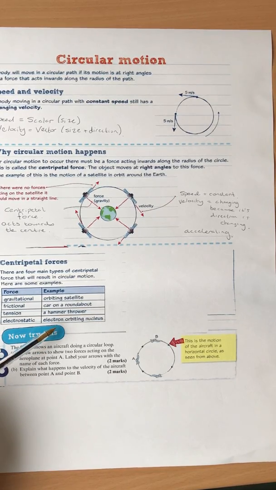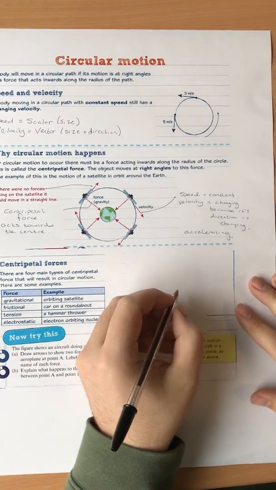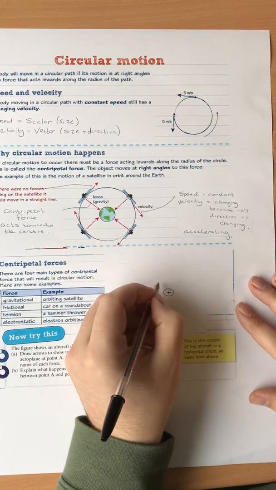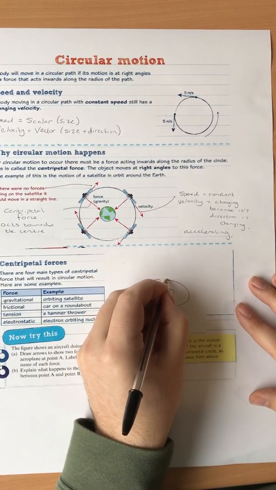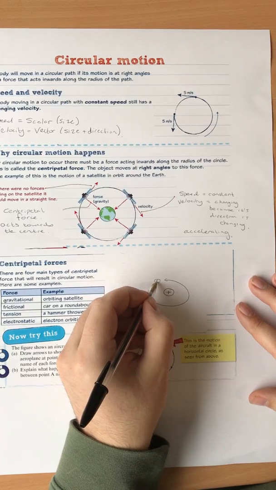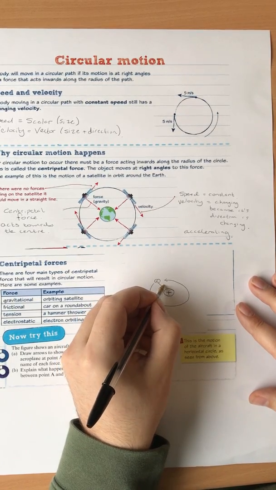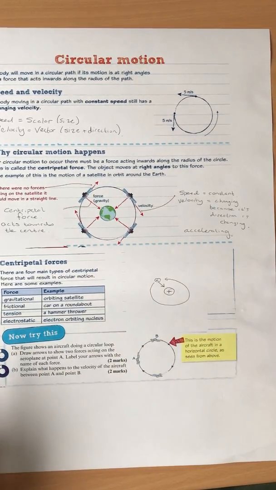An electron orbiting the nucleus. When an electron spins around a nucleus, because the electron is negative and the nucleus is positive, the electrostatic force between them causes the electron to move in a circular motion.